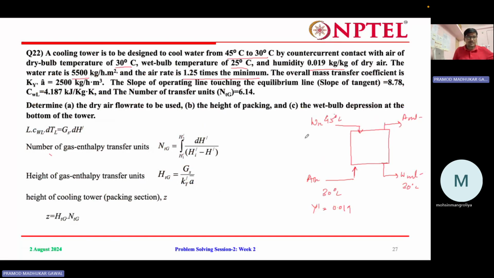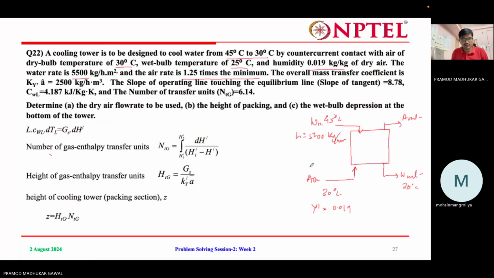The water rate is given, which we denote by L, 5500 kg per hour per meter square. We have to calculate the air flow rate.